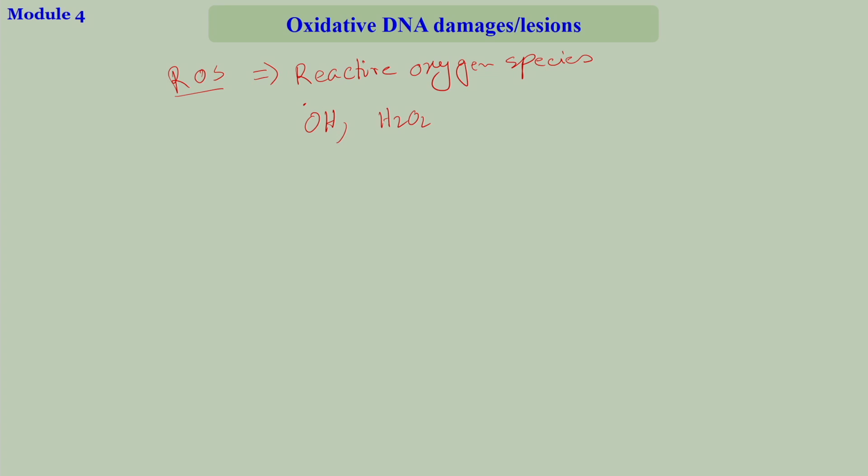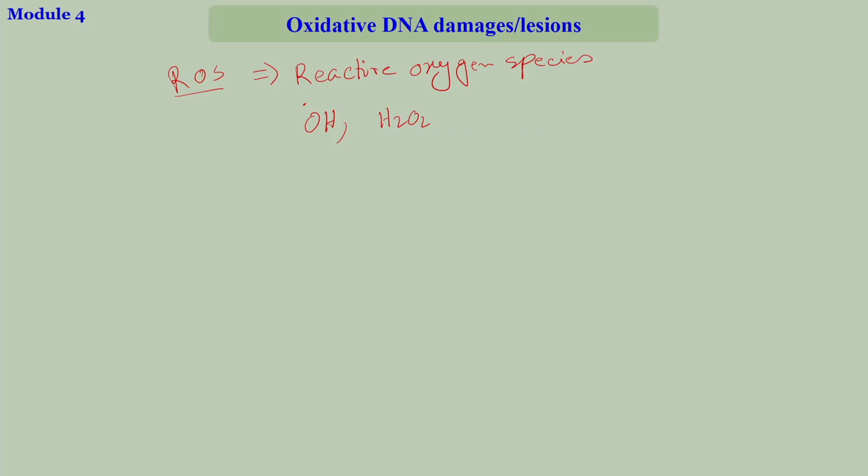They are highly reactive, so they will interact with something, and DNA is very susceptible to reactions because it has multiple double bonds and functional groups. So, it undergoes reactions with these reactive oxygen species. I will draw some of the structures that are actually formed in DNA upon oxidation.